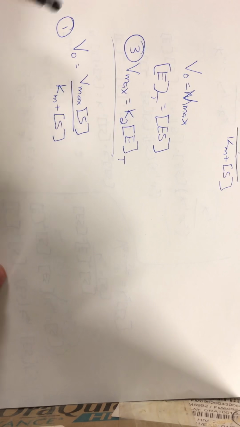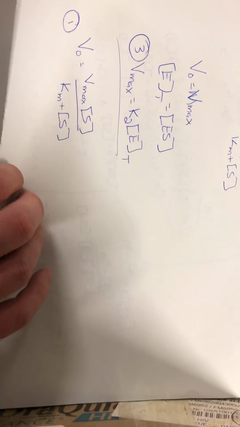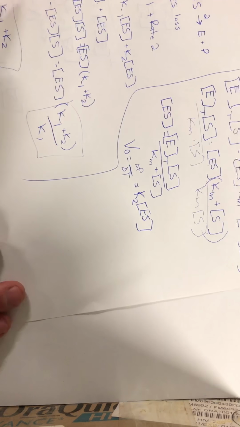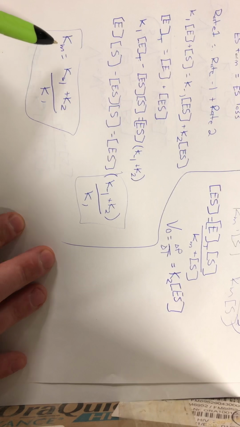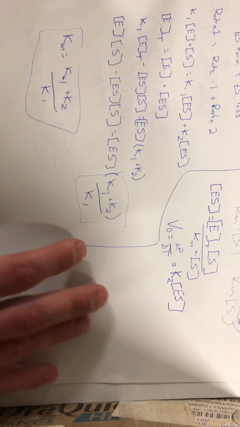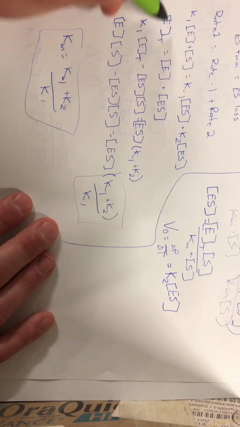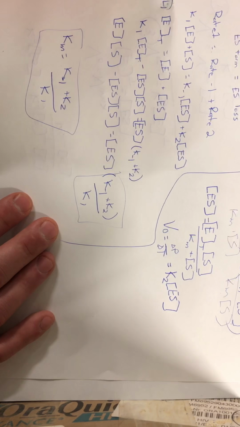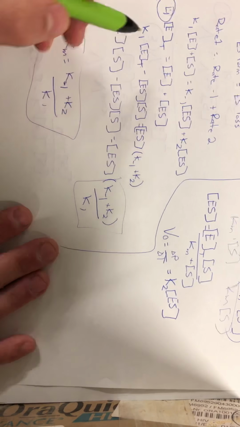Sorry, you couldn't see that. So number 1, number 3, number 2, and then back in here was number 4 from our original equation.